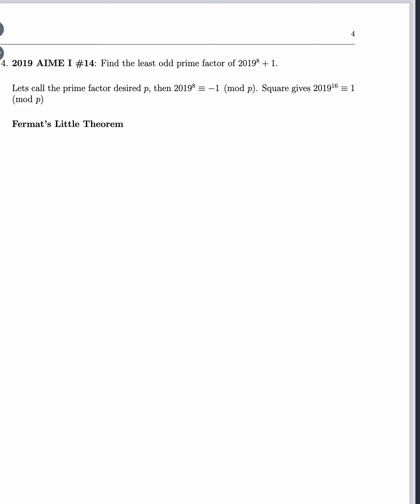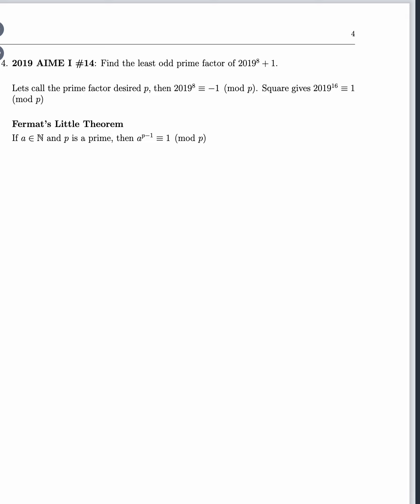It basically tells us that if A is a natural number and P is a prime, then A to the P minus 1 is equal to 1 mod P.